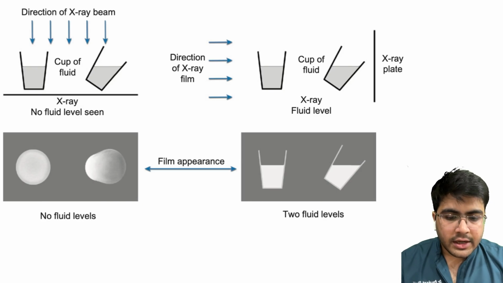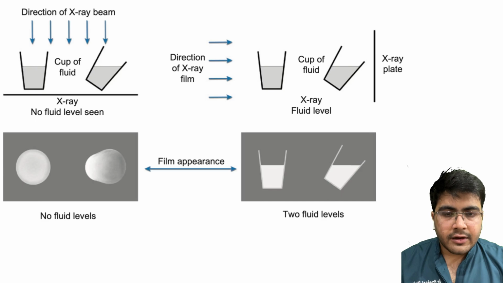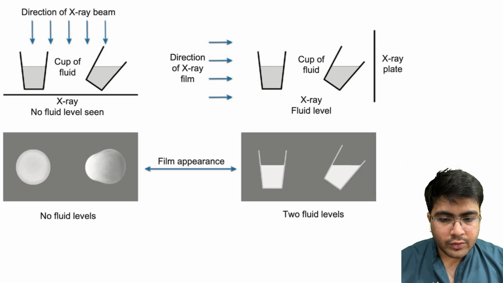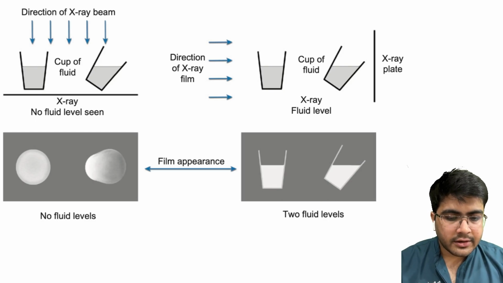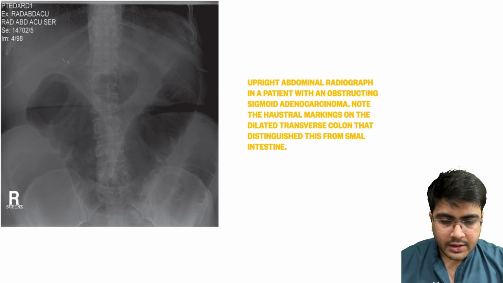Then only will you have the film appearance of air fluid levels if they are present. If the direction of the X-ray beam and the axis of the air fluid level coincide, then there will be no air fluid level seen on the X-ray film. So this is the basic thing you need to understand.